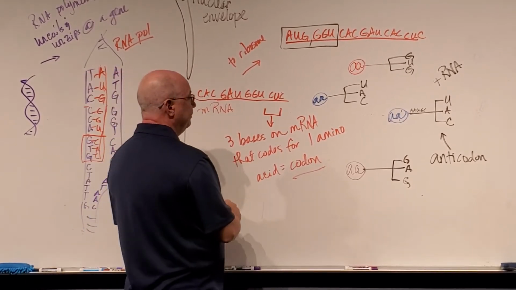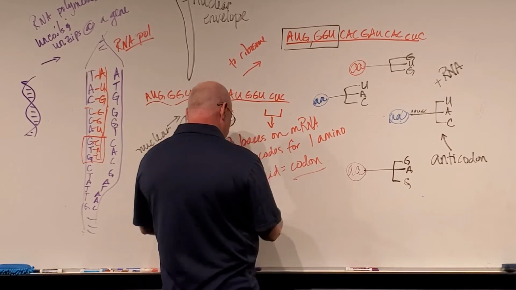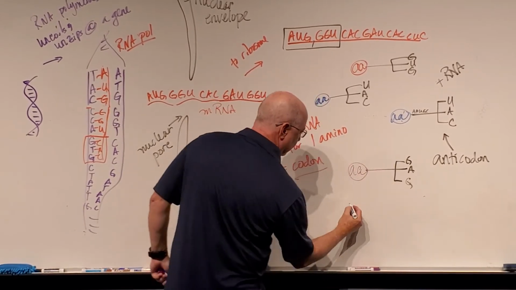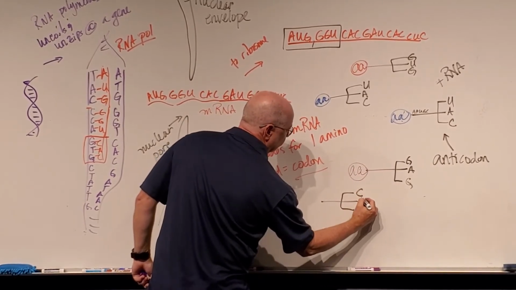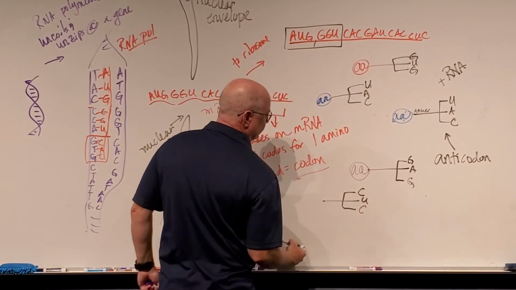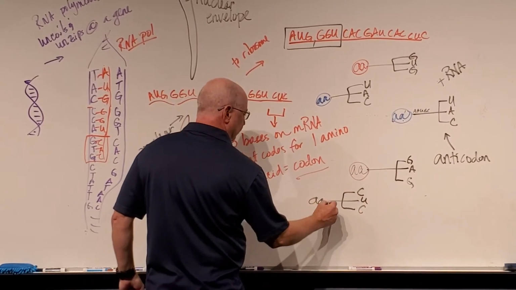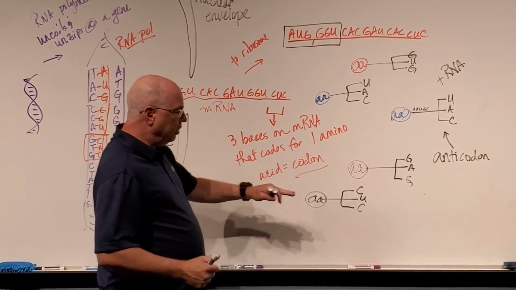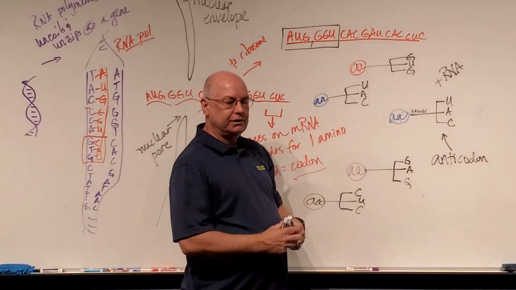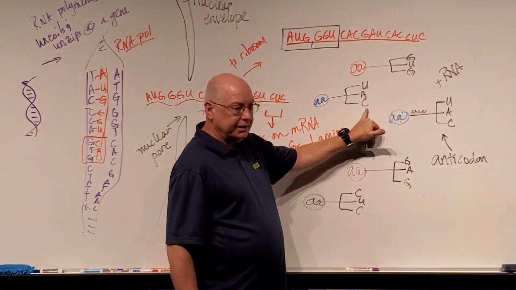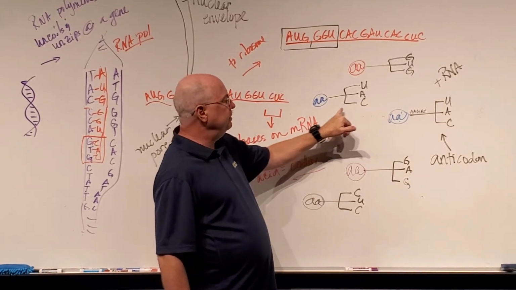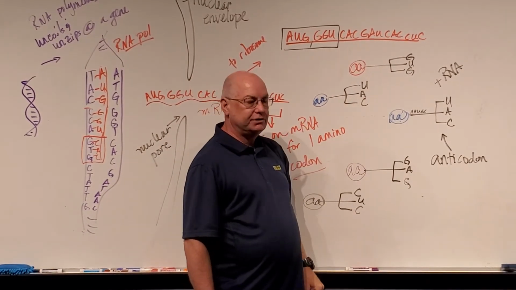And let's do one more. I have another tRNA here that has CUC. It might carry the black amino acid. So I have all these tRNAs floating around inside the cell, and a specific anticodon on a specific region here means it carries a specific amino acid.